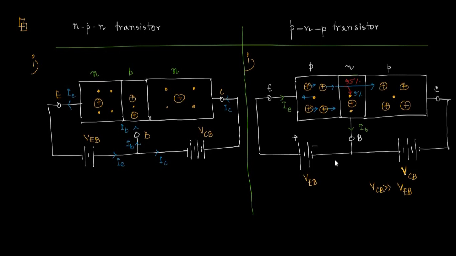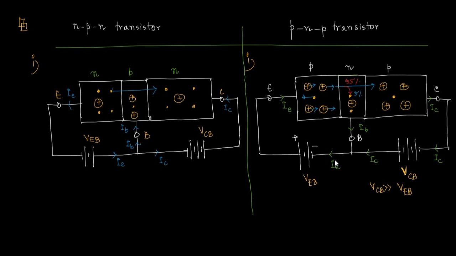IE is the emitter current, IB and IC are base and collector current which are flowing away from base and collector respectively, but emitter current IE flows into the P-type emitter.